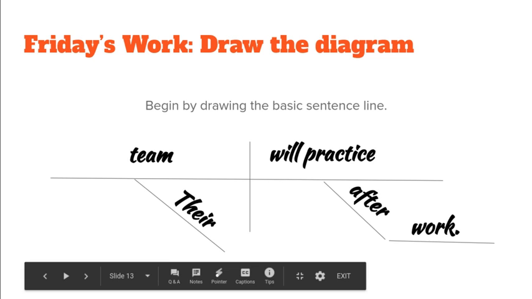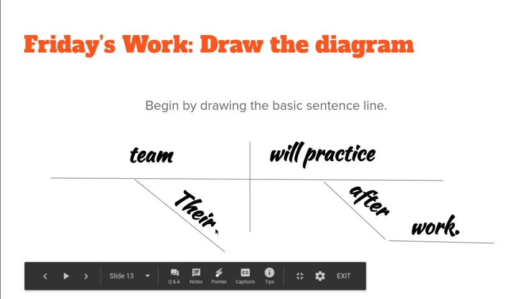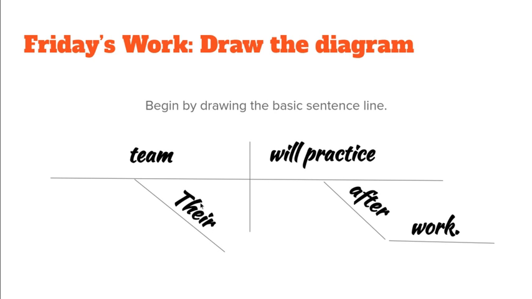If you look an example or two down from that top left example on the diagramming help pages, you'll see a modifier modifying the subject. That's exactly how you draw any modifier that's modifying anything. You do it on a diagonal line, and you write it. Notice we also have it capitalized because it's the first word in the sentence.